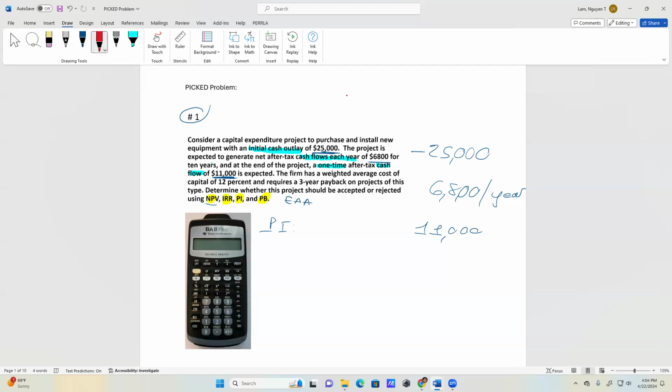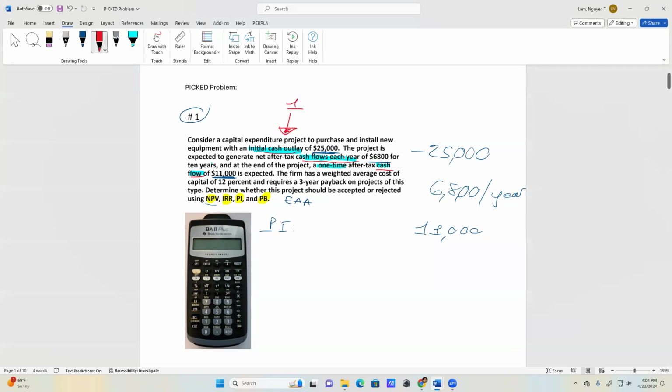All right, so just a heads up right here. Initial outlay is one thing you have to find in the next chapter. Cash flow each year is something you have to find in the next chapter, and the cash flow at the end. Give me 1 second, I'm trying to begin.